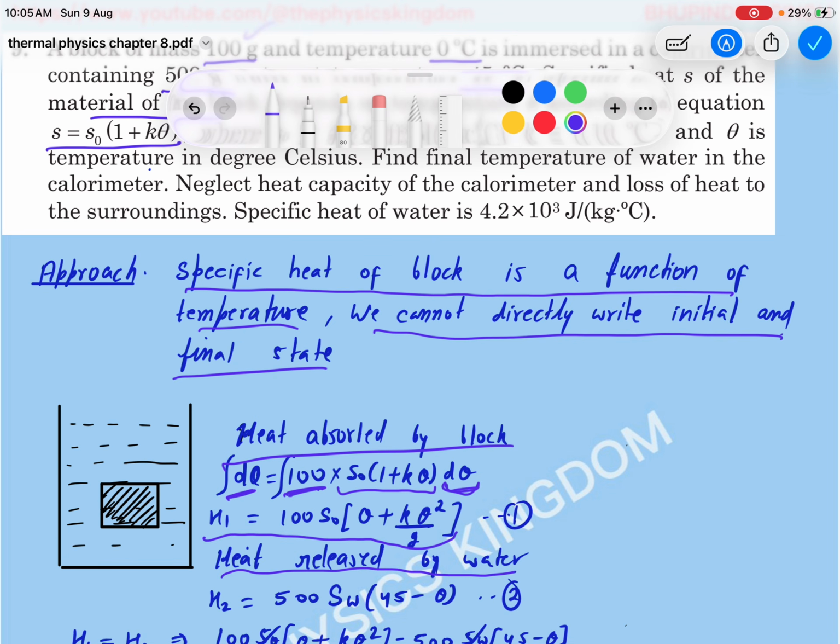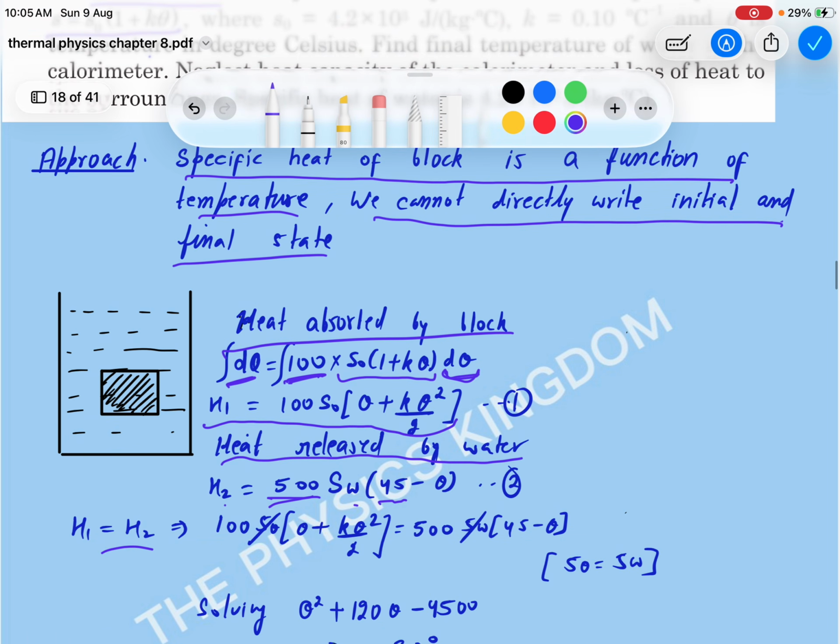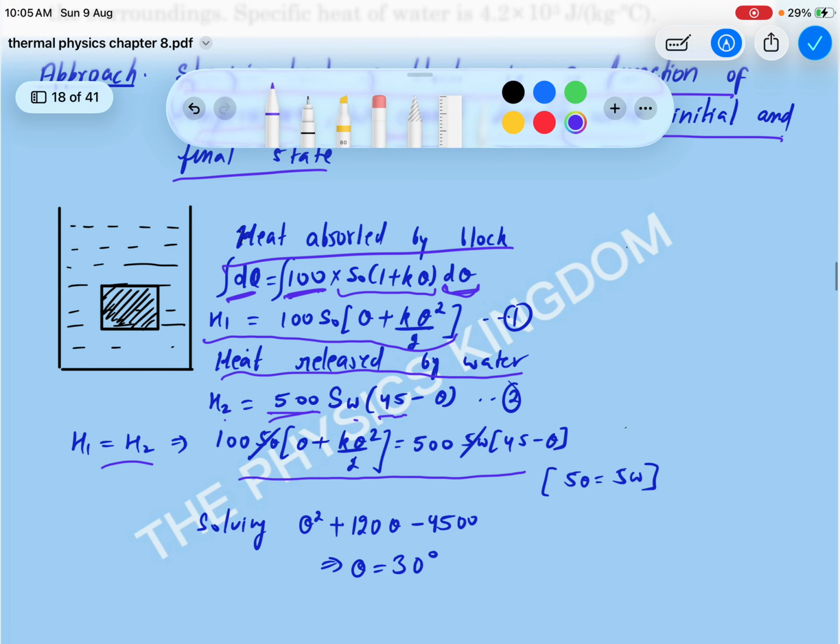The heat released by water is 500 times the specific heat of water times the change in temperature, 45 minus theta. Making these two equal, we get an equation which is very easy to solve, and we get theta as 30 degrees Celsius.